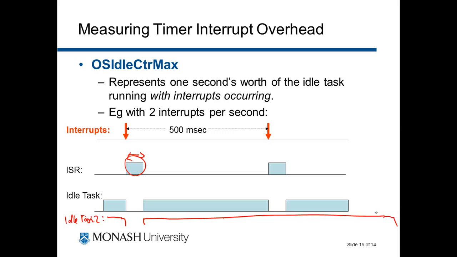So this is going to return idle 1, this is going to return idle 2. The difference between idle 1 and idle 2 is going to be this interrupt service routine call. So we just work out the number of clock cycles spent in that interrupt service routine.